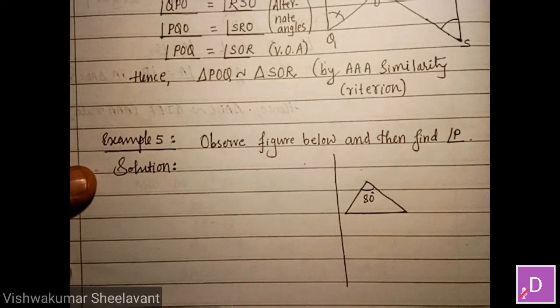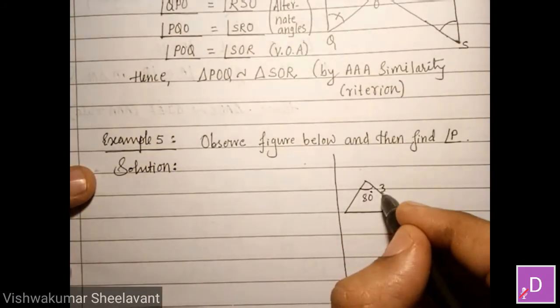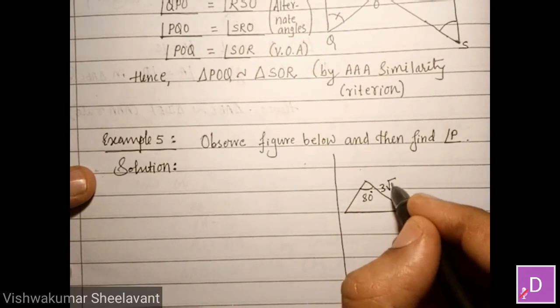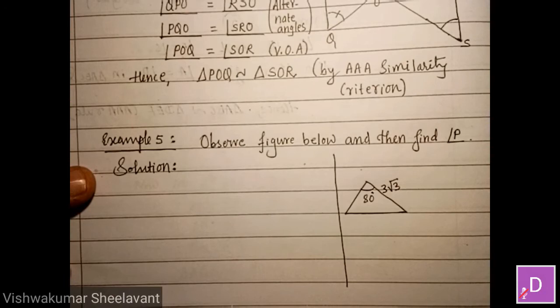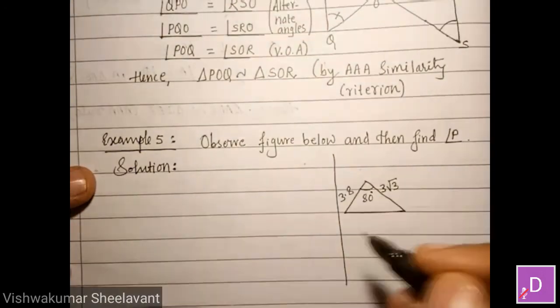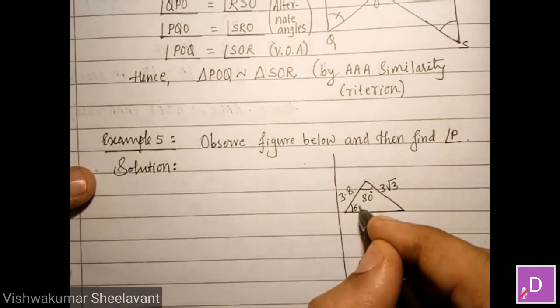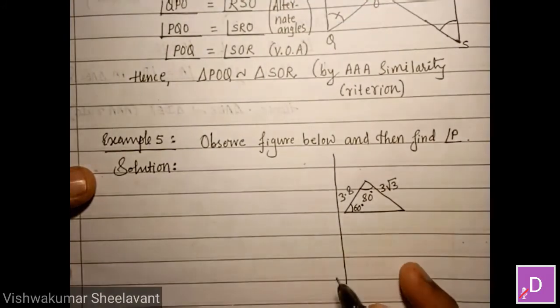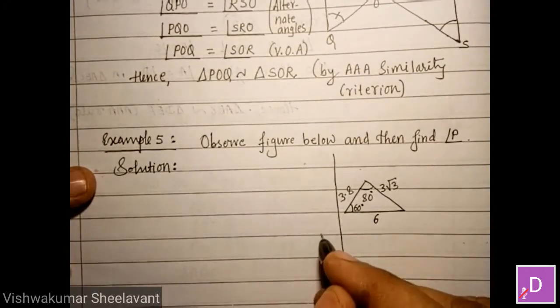(80°). Here one side is 3√3. (3.8). 60°. 6.